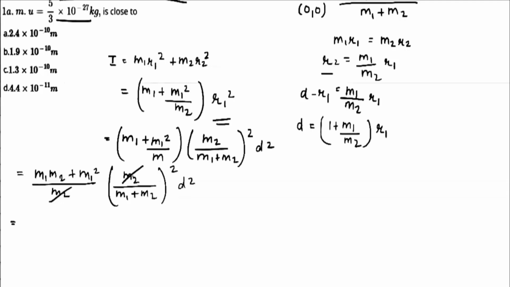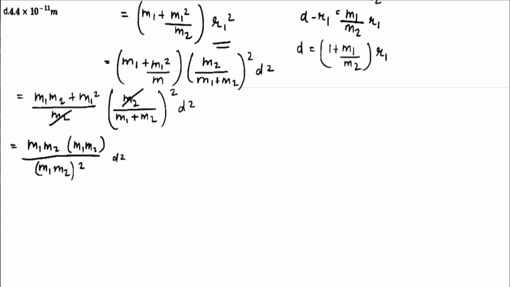So we can write this as M1 M2 into M1 M2 upon M1 M2 the whole square into D square. Now we can cancel this one term of M1 and M2. So our I will be M1 M2 upon M1 plus M2 D square.